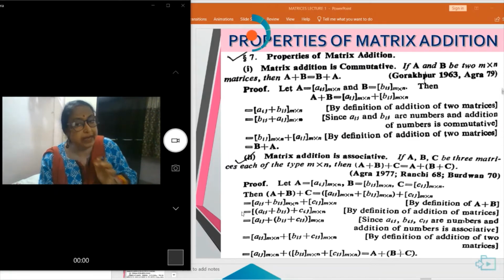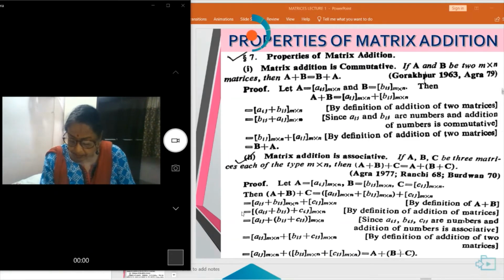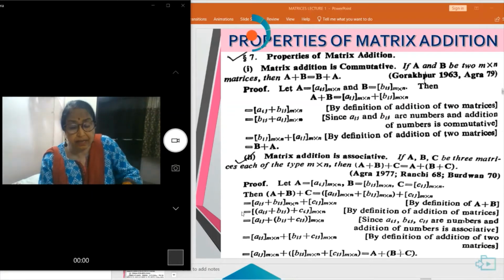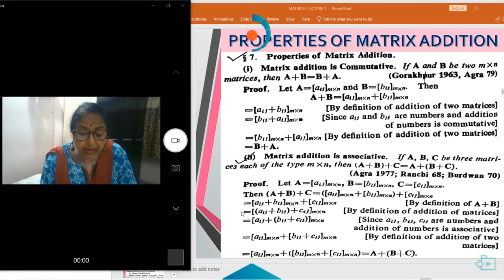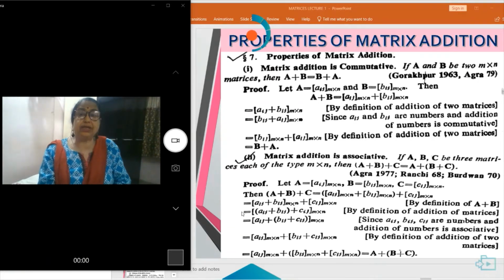Since the corresponding elements are added, this can be written as (a_ij plus b_ij) m cross n, and this can be written as (b_ij) m cross n plus (a_ij) m cross n, that is B plus A. So matrix addition is commutative. Matrix addition is also associative. You can see from your screen.